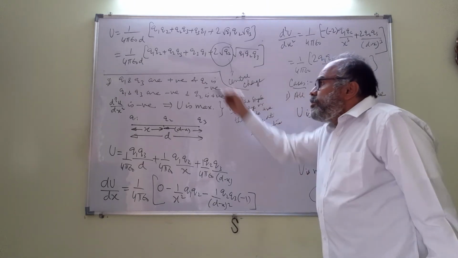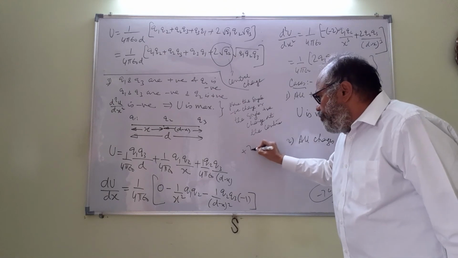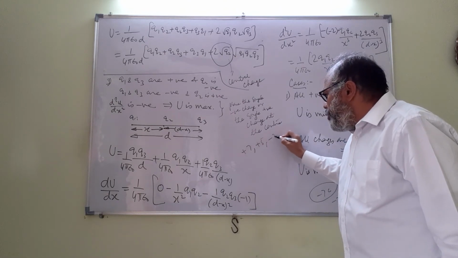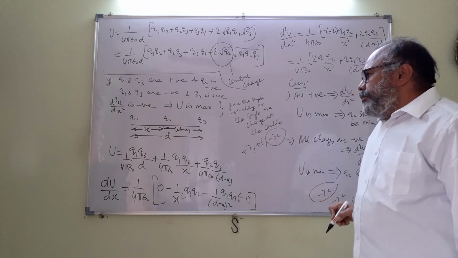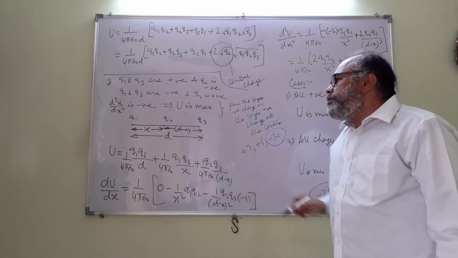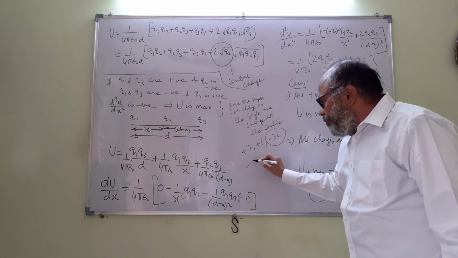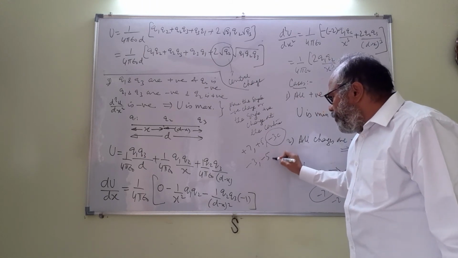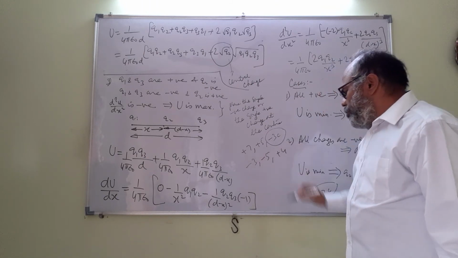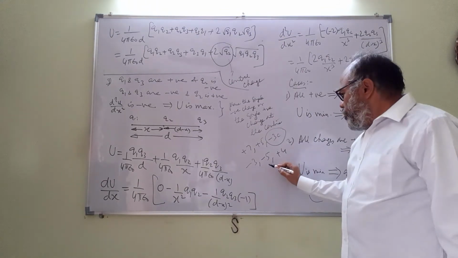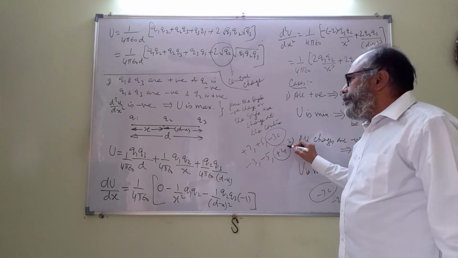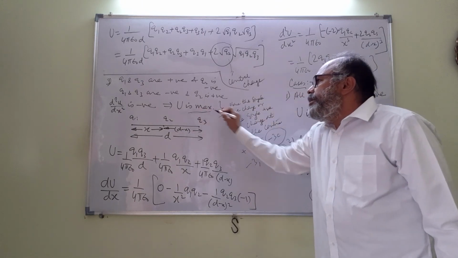That means if you have plus 7 coulomb, plus 5 coulomb and minus 3 coulomb, place minus 3 at the center and the potential energy will be maximum. Or if you have minus 3, minus 5 and plus 4, minus 3 and minus 5 will be at the extremes. Place plus 4 at the center and your potential energy will be maximum.